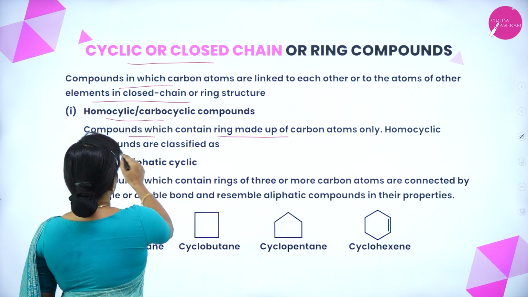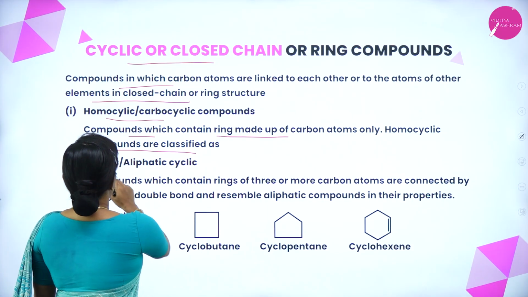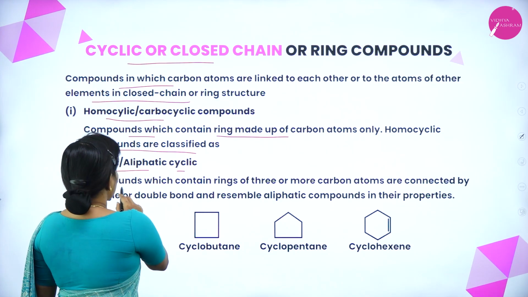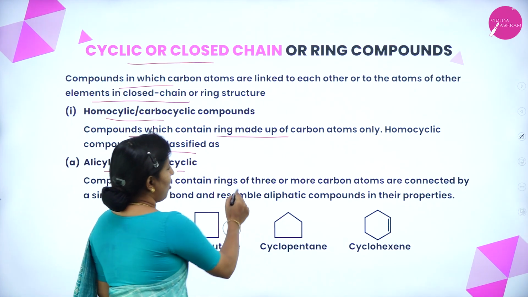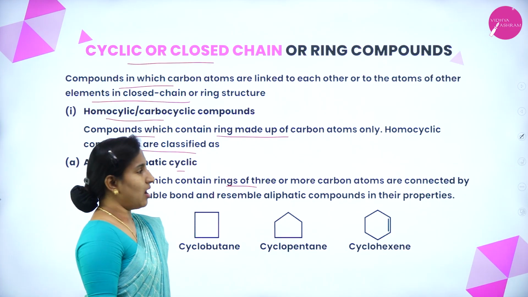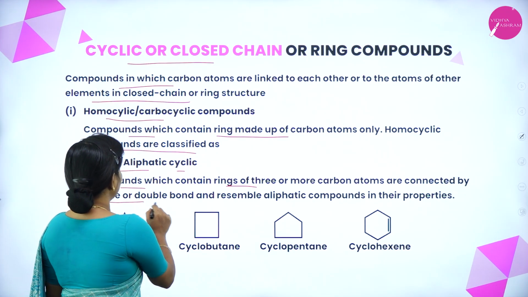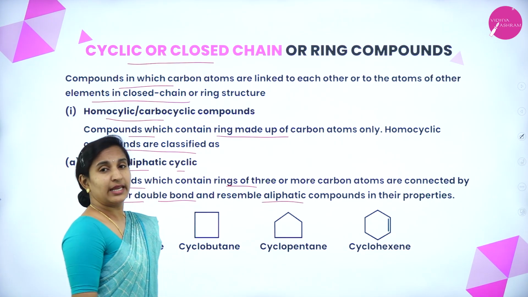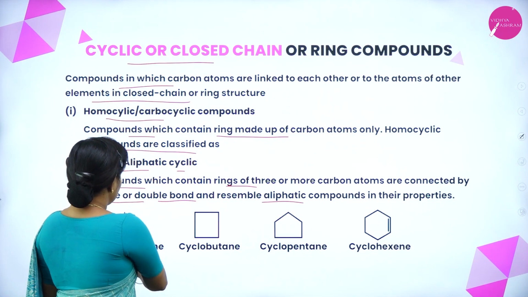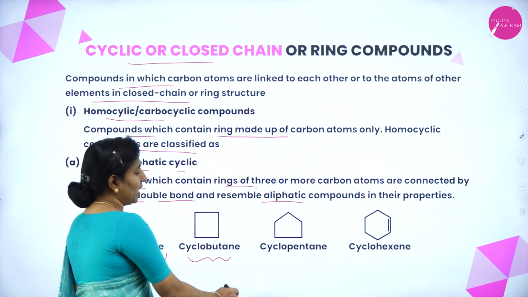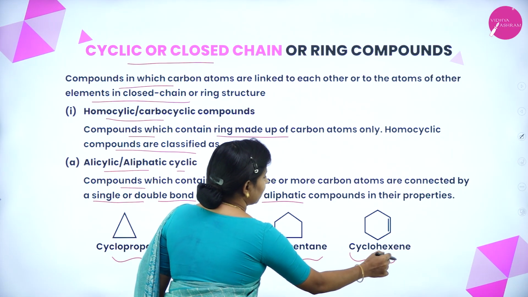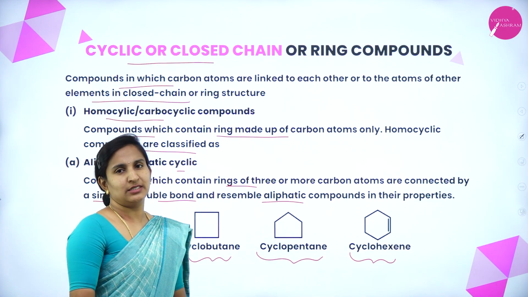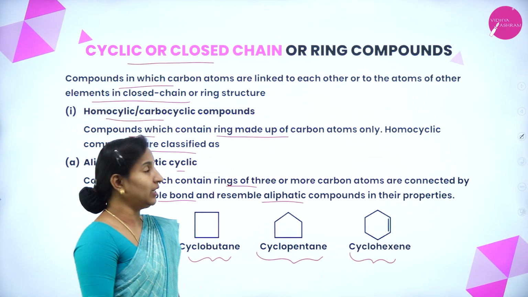The homocyclic compounds are classified into alicyclic or aliphatic cyclic compounds: compounds which contain a ring of 3 or more carbons connected by single or double bonds and resemble aliphatic compounds in their properties. So this is cyclopropane, cyclobutane, cyclopentane and cyclohexane. These are all cyclic compounds that show aliphatic properties.